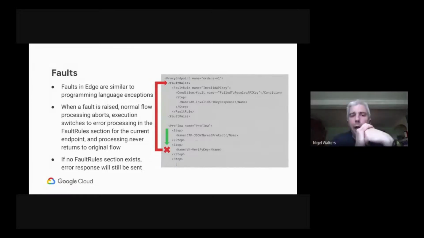Okay, and then finally, to round out this section, let's talk a little bit about fault handling inside Apigee. So Apigee has a fault handling mechanism. In essence, when a fault happens, that aborts the normal flow, and it jumps to a fault rules processing that we have inside Apigee.